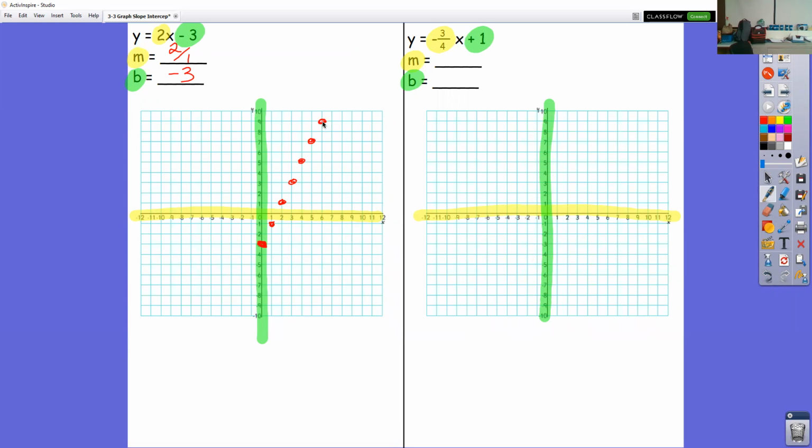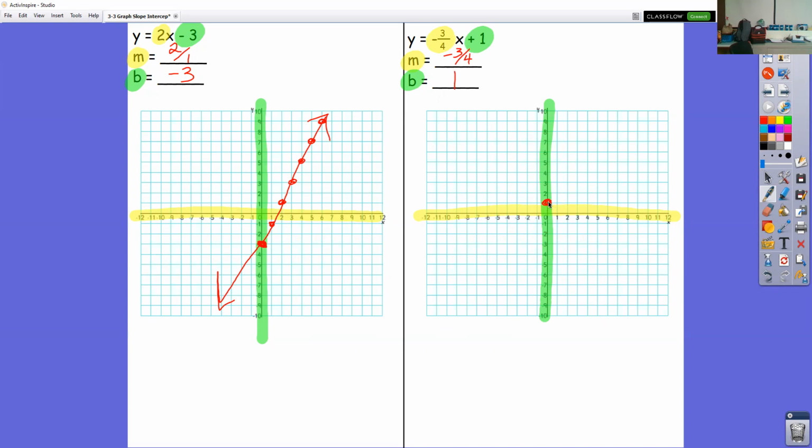Okay, and once we do that, we can draw our line. Hopefully yours is a little bit straighter than mine, but that's okay. Same thing here. Slope -3/4, and the y-intercept of +1.